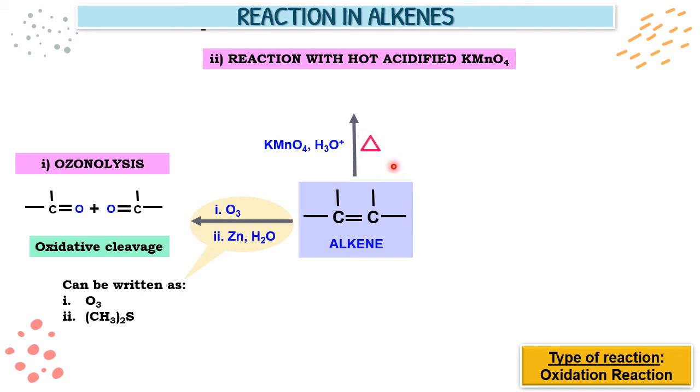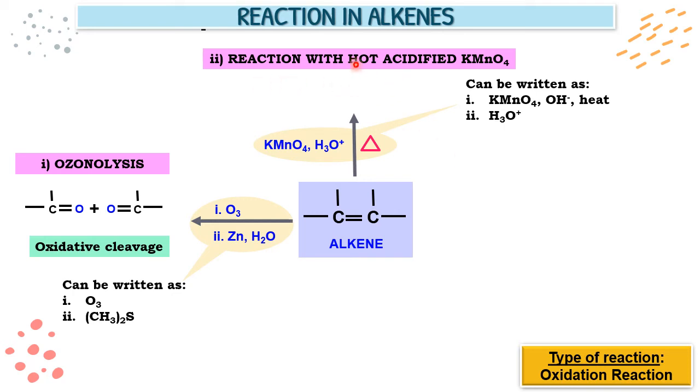Sometimes it can also be written like this: KMnO4, OH minus, and then heat. So it is a two-step reaction, and the second step is only the acidification. But mostly it will be written like this, though some reactions will write it as this one.